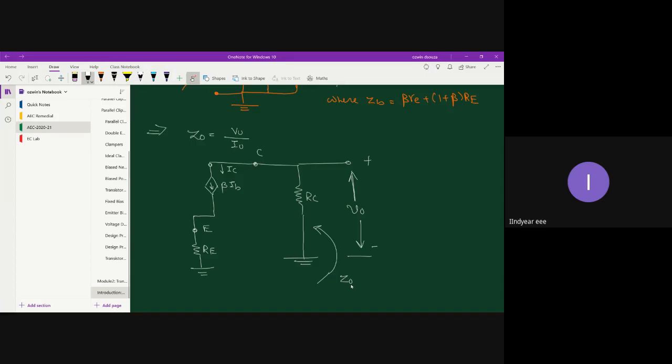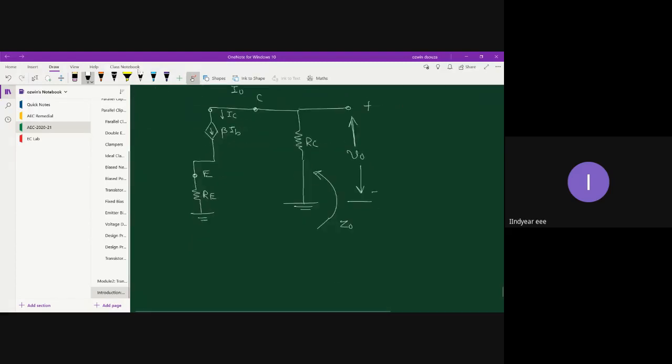Now, finding the output impedance is also easy actually, provided you carefully observe this particular step. To find the output impedance, let me consider R0 also. Which is actually very high. That's the reason normally we don't consider it in our RA model.